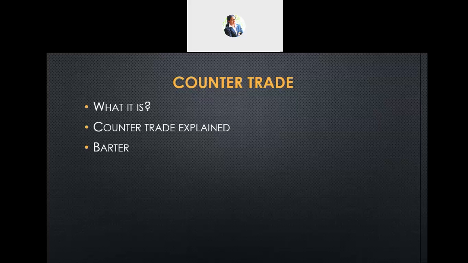Now the next one is counter purchase. Under counter purchase, the exporter usually sells goods or services to an importer, and he agrees to purchase other goods from the importer within a specified period.